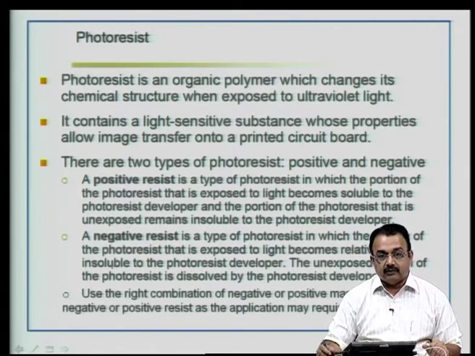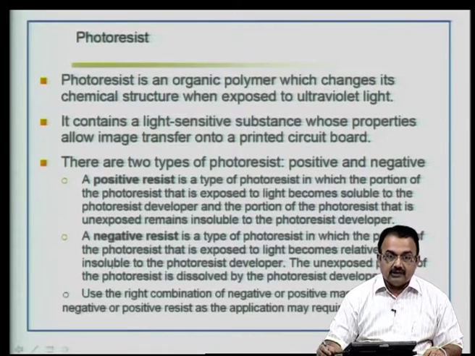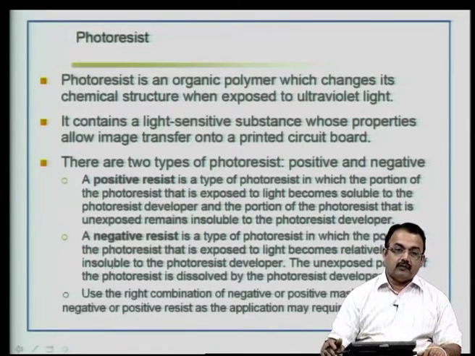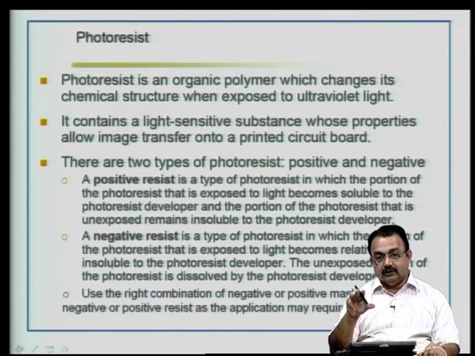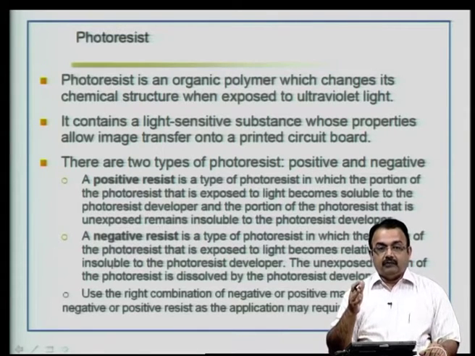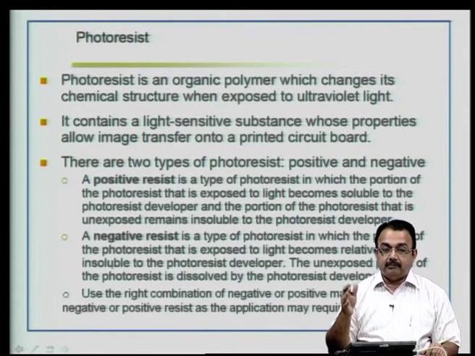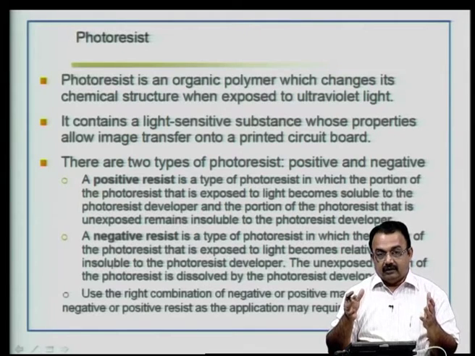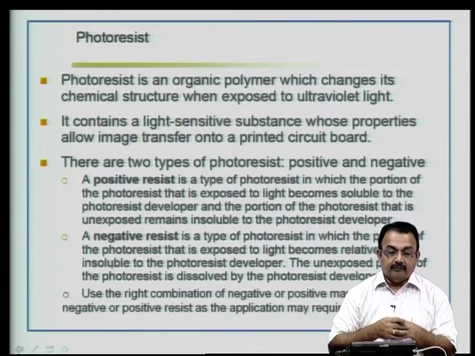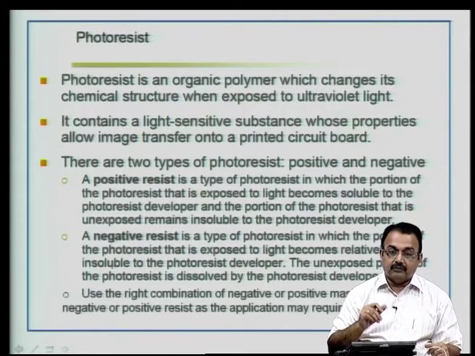There are two types of photoresist, positive and negative. A positive resist is one in which the portion of the photoresist that is exposed to light through the mask becomes soluble in the developer. Remember that after photoresist application, the next step is to make the image visible and also stable on the surface. So, we use a developer.